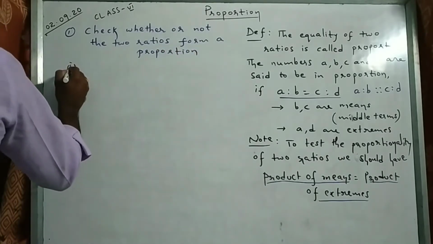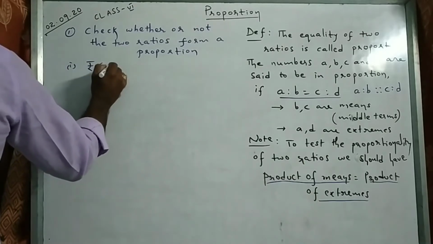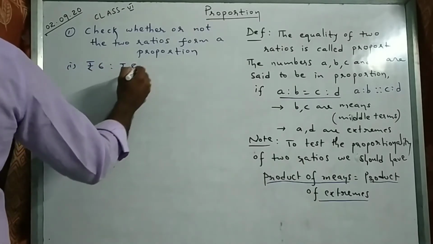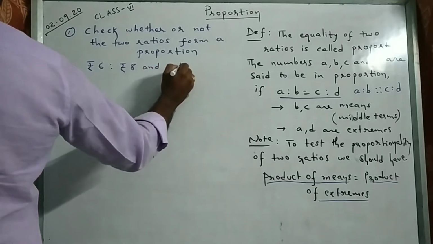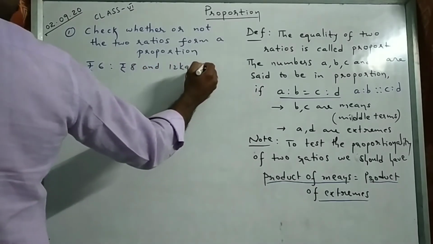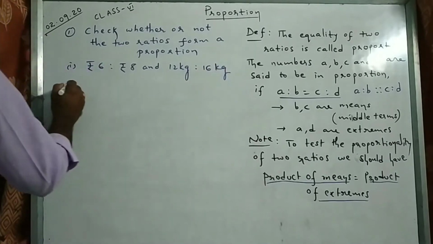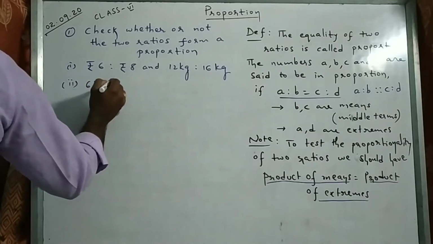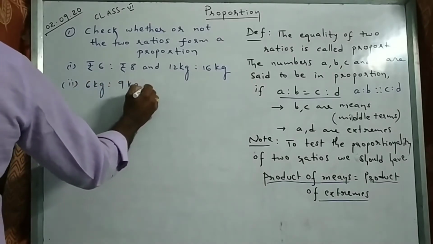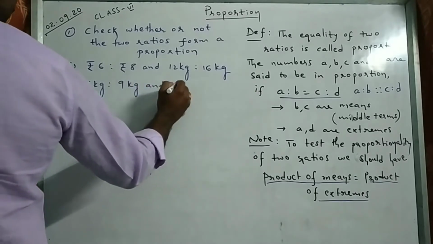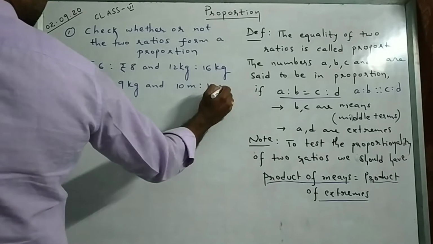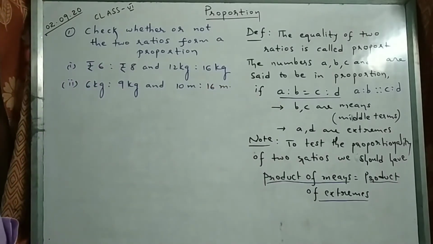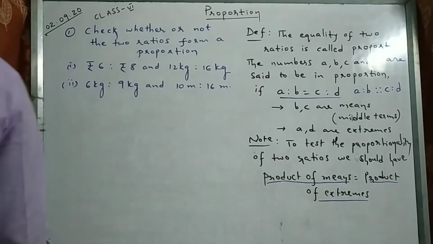First one, rupees 6 is to rupees 8 and 12 kg is to 16 kg. Second one, 6 kg is to 9 kg and 10 meters is to 16 meters. Okay? So here we should check whether they form proportion or not.